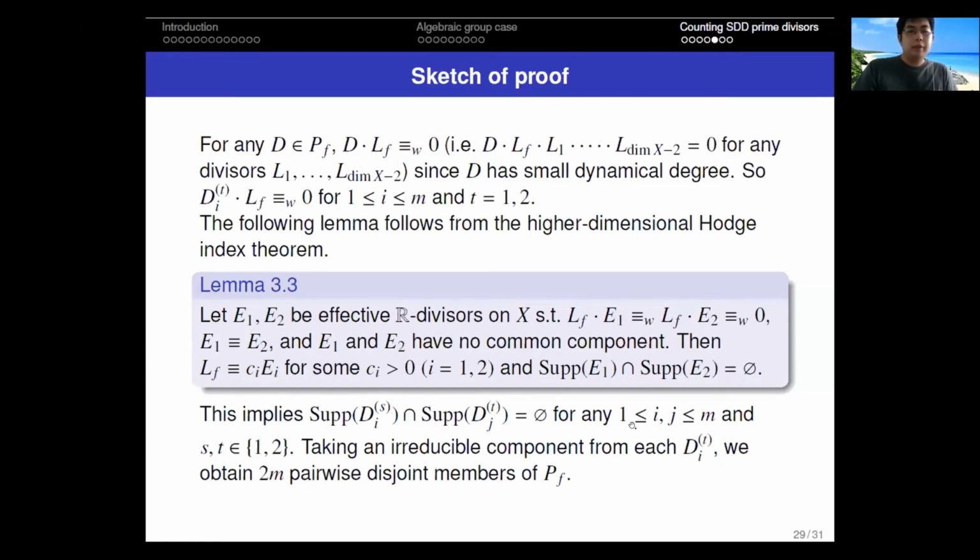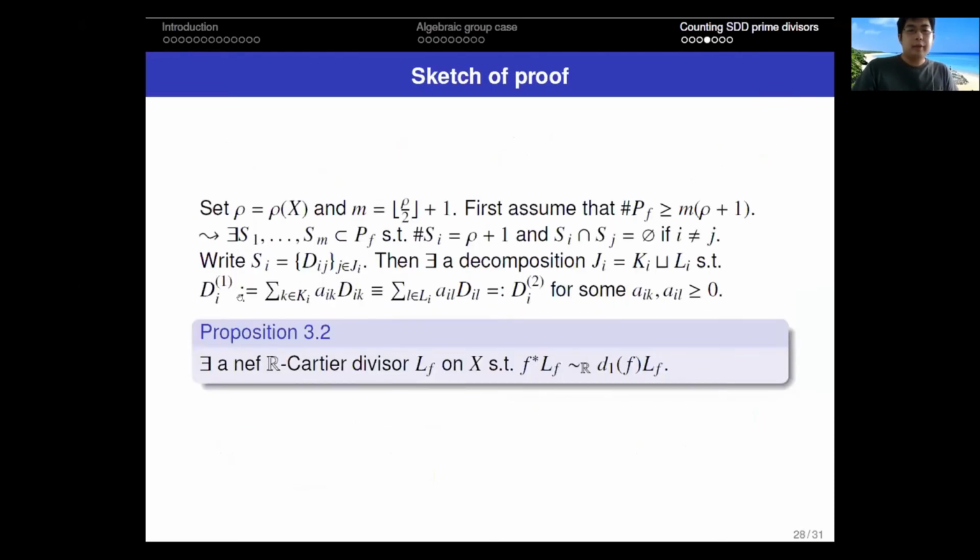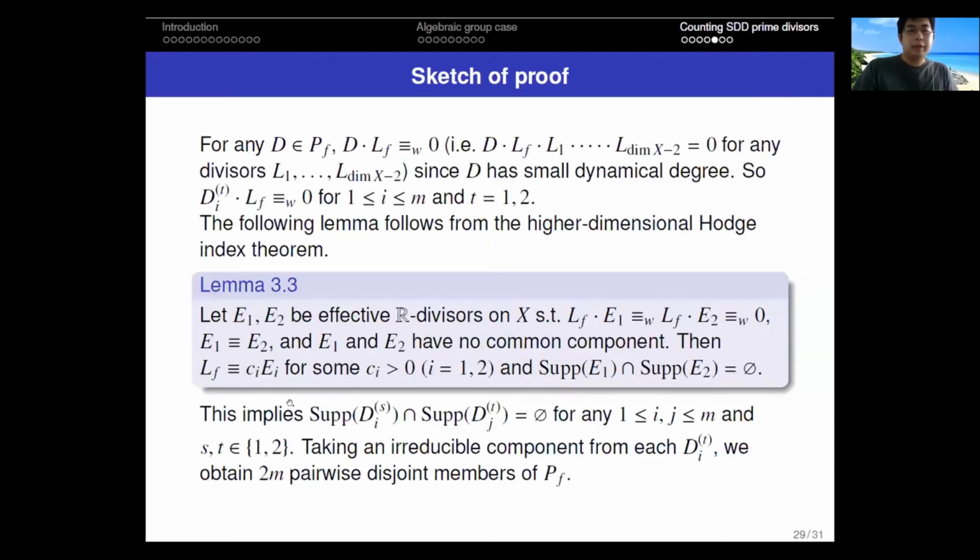They are not zero divisors, because of this LF is not numerically trivial. So we obtain 2m pairwise disjoint members of PF.